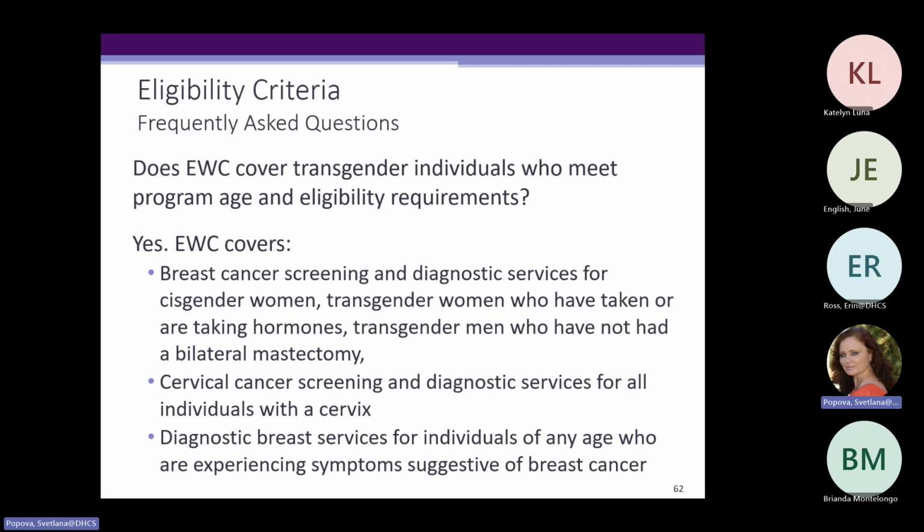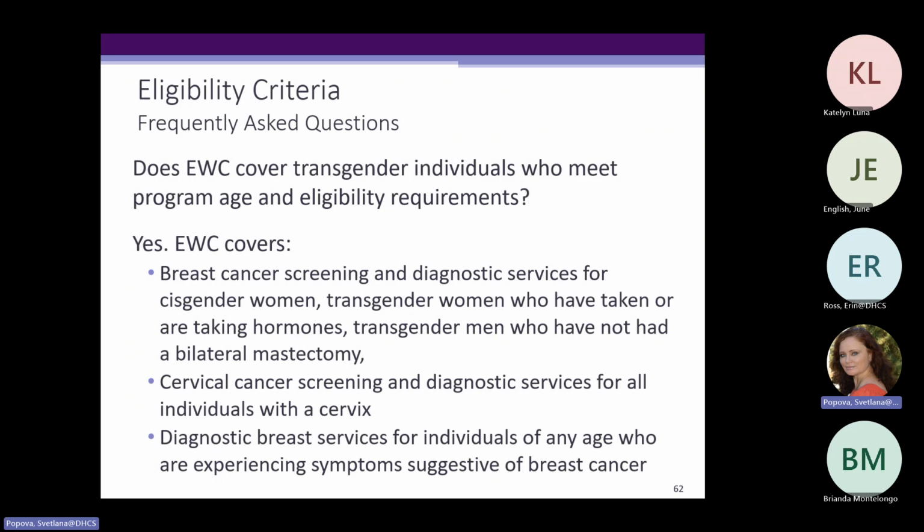So basically, none of the breast tissue has been left. If transgender men didn't get this operation and they still have breasts, they should be screened. Also, some people have top surgery where they have only a partial removal of the breast. With these people, part of the breast can still remain and they would still be eligible for the services.